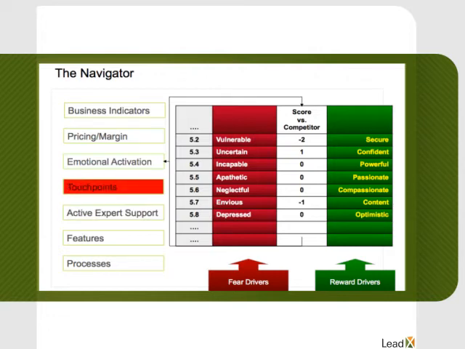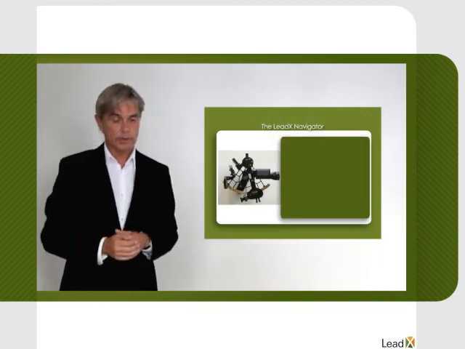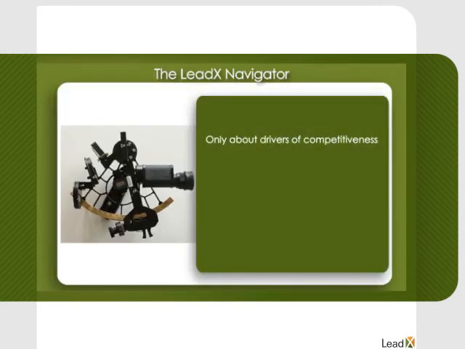You have the touchpoint design, and finally the emotional activation. Based on the emotional activation, you have the price and marketing. Finally, we have a look at the business indicators. Want to see what happened between the customers and the product, how the customer reacts on a specific.